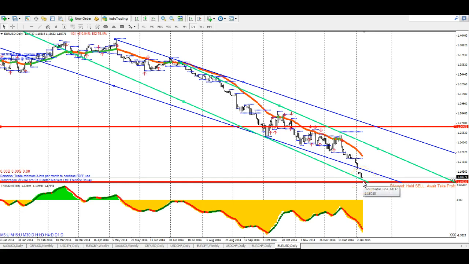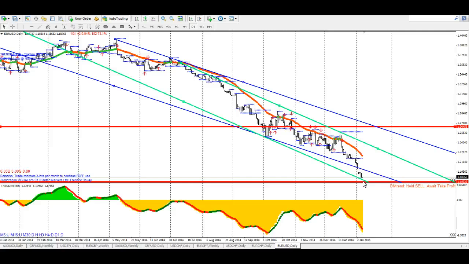So technically it's another element to tell us that this level 1800 is quite significant if it breaks, but also that it could actually hold and then go back up from there.